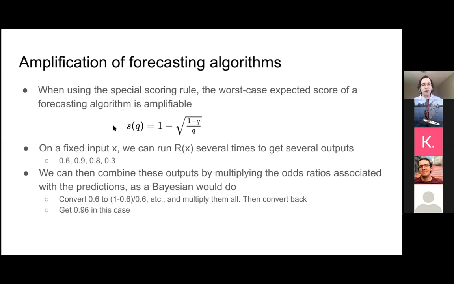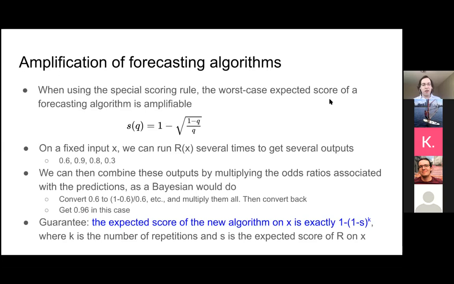This gives a new algorithm, one that combines k predictions, with expected score 1 minus s to the k, where k is the number of repetitions and s is the expected score of r on x. So by combining the predictions in this way, you can be certain that you will increase the expected score of your algorithm. This is nicer than how amplification works for randomized algorithms.